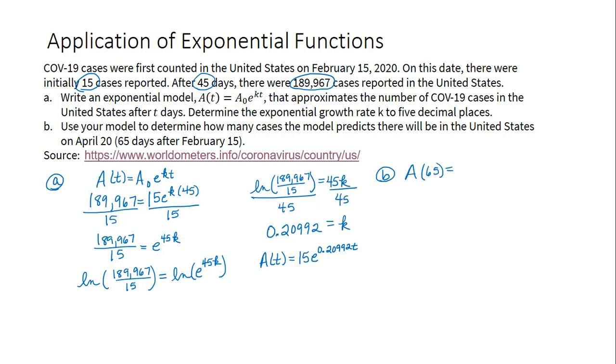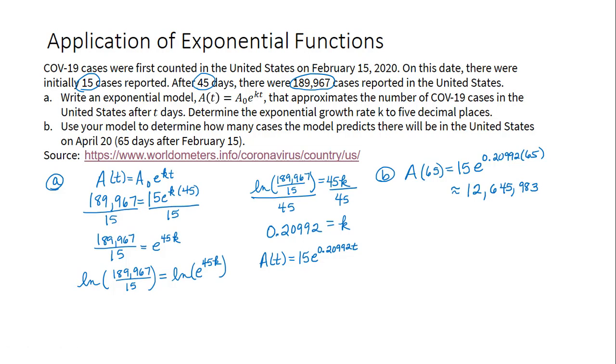We do that by saying that's 15 times e to the 0.20992 times our input value of 65. When we do that on the calculator, we get approximately 12,645,983.